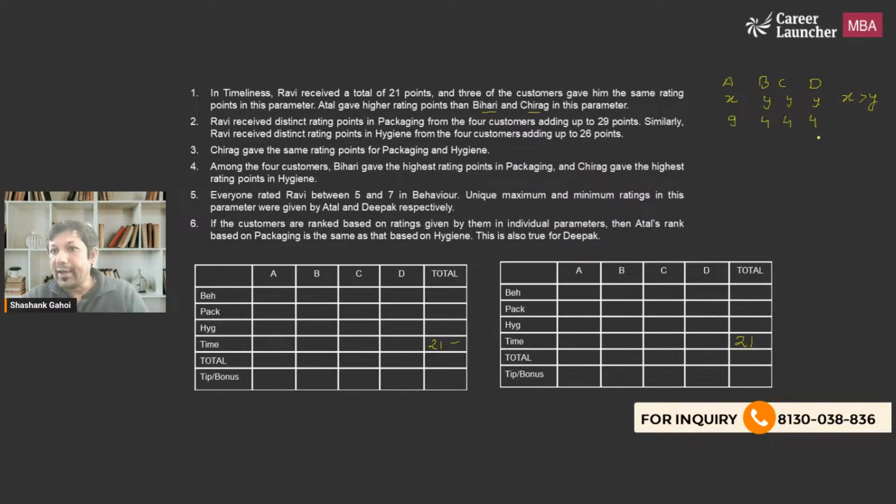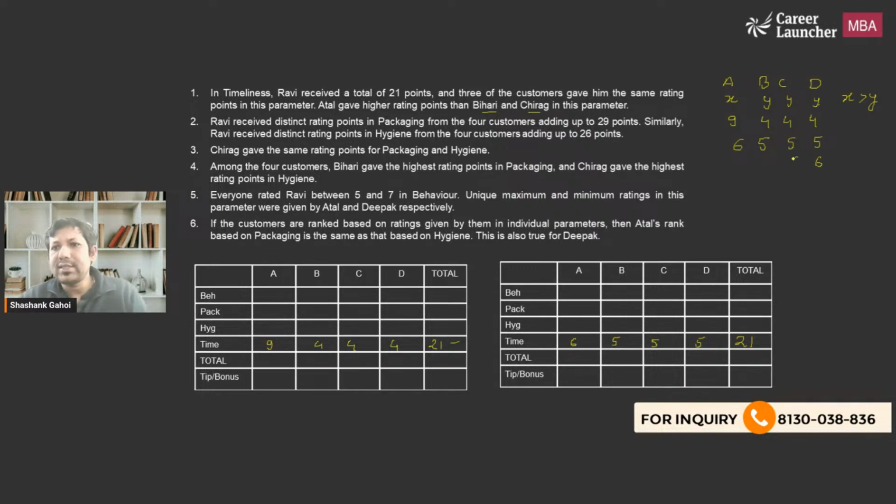If I give it 5, then 5, 5, 5 is 15, and 15 plus 6 is 21. That is a separate possibility. So from here I get two possibilities: one is 9, 4, 4, 4, and the other is 5, 5, 5 and 6. Why am I not considering the third possibility, 6, 6, 6?